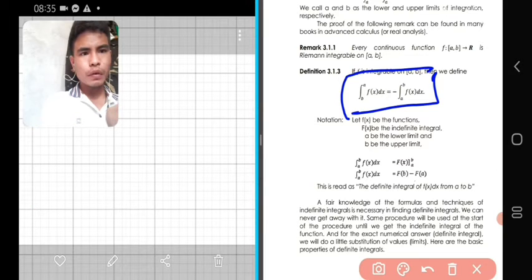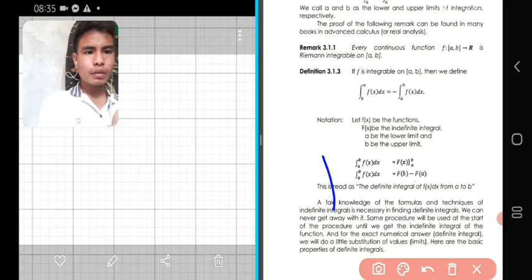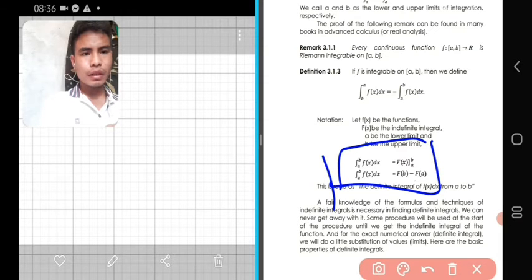If we let a be the lower limit and b be the upper limit, then we can have a negative sign in here. Note this very important formula, which can be written as the definite integral of f of x dx from a to b, which is equal to the difference f of b minus f of a.